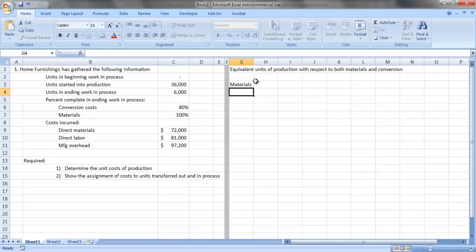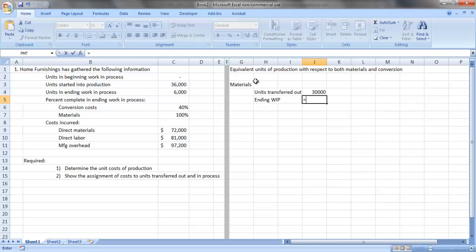For materials, we're always going to start with the number of units transferred out. In this case, that's the 36,000 units that were started into production minus the 6,000 that are left in ending work in process at the end of the period. So we transferred out 30,000 units. To that, we are going to add the ending work in process units factored at the completion rate with respect to materials costs.